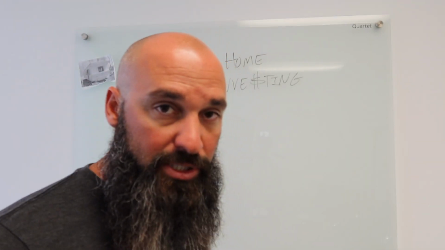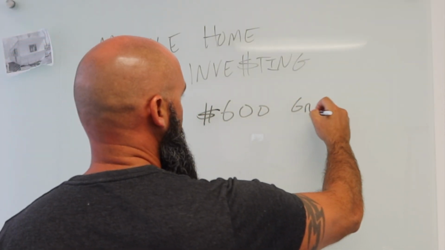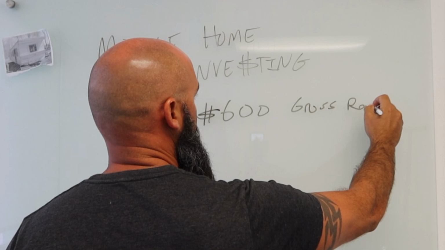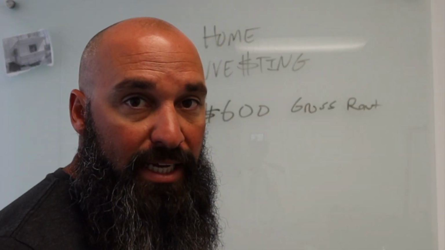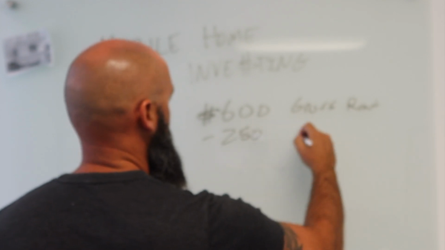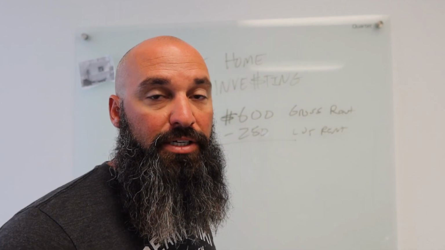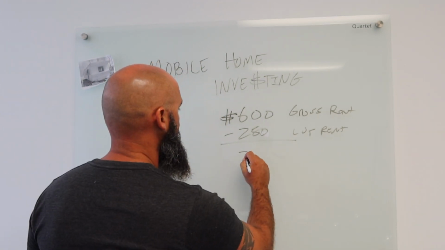So let's say, for example, the rent rate is 700, but we're going to run numbers on 600. So 600 gross rent. And let's say the lot rent is 250. That's going to show our net income of 350.